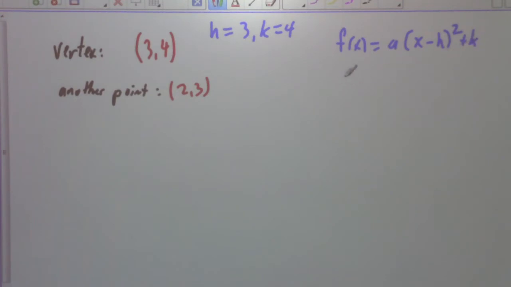So f of x equals a times x minus 3, squared, plus 4. Yeah, thank you, Jade. And so now that's what we have. Here we have employed the vertex. What else do we need? Where do we need to go next?